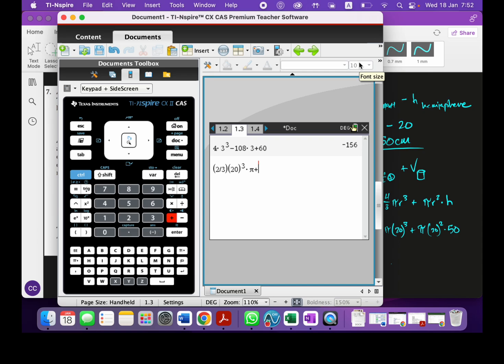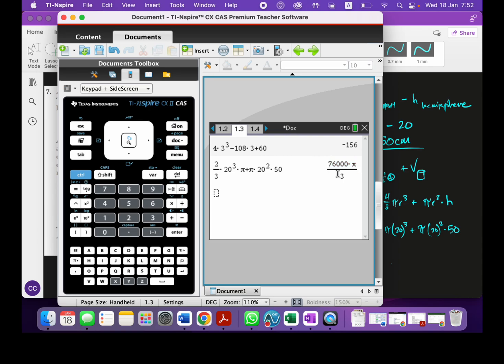And then we're going to add to that pi times 20 squared times 50. So this gives me that absurd number there, which is the correct answer, I think.